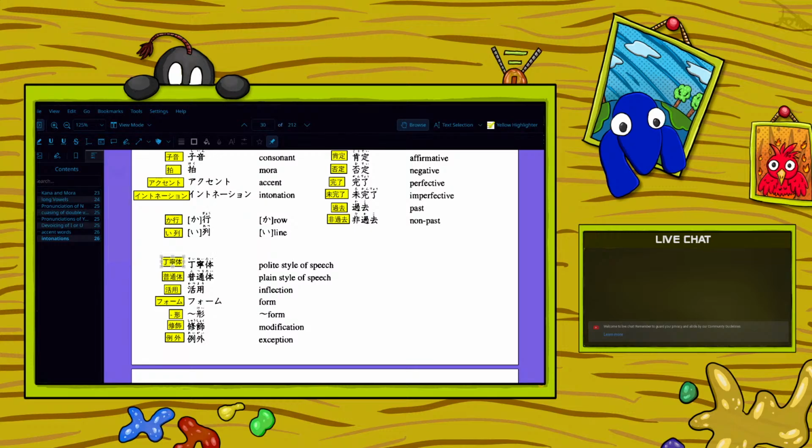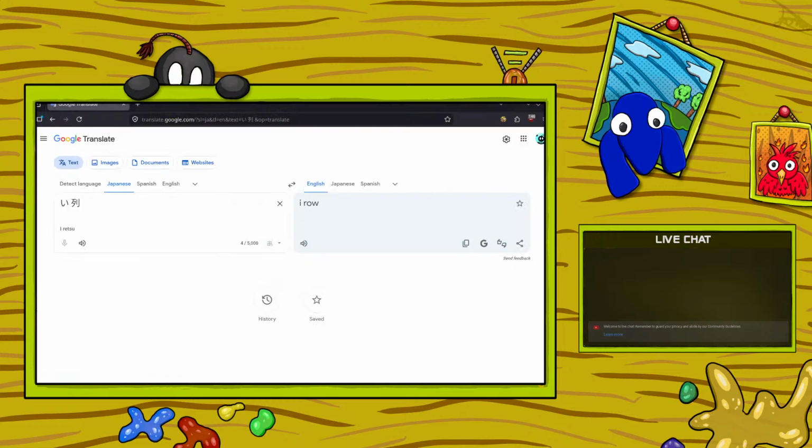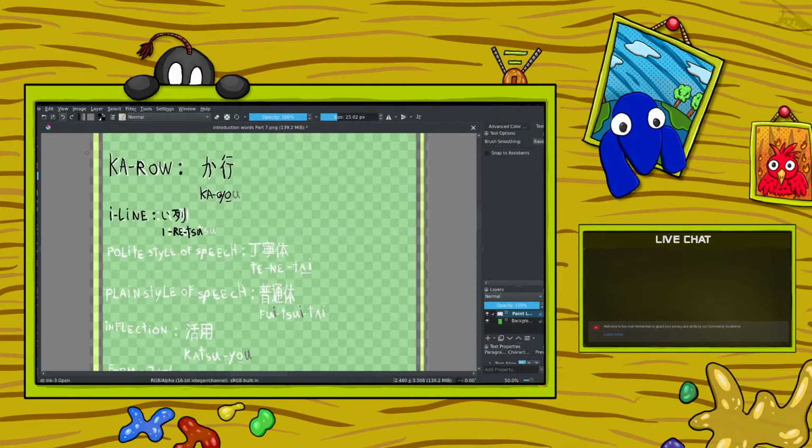Alright, let's pick that up and see if that is correct. Tenetai. Yes, tenetai. Alright, so that is indeed correct. Now time to type it in.